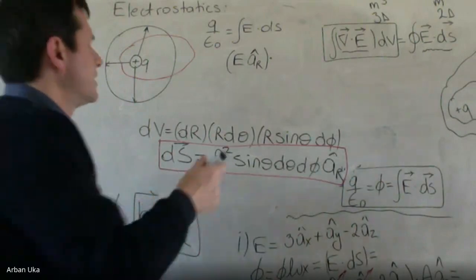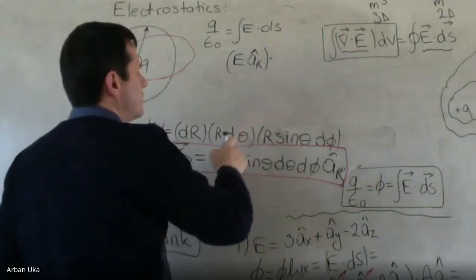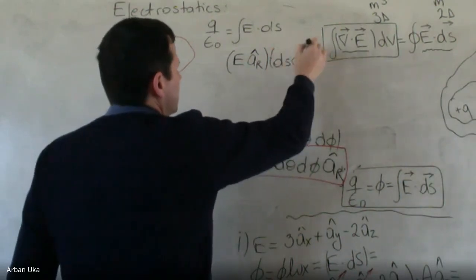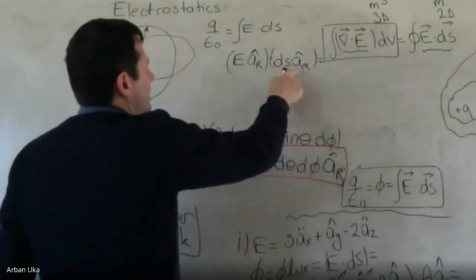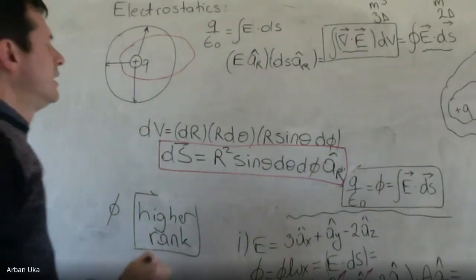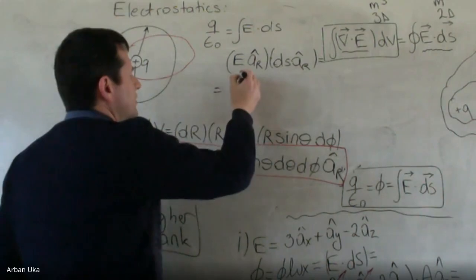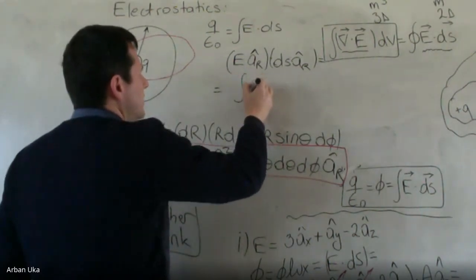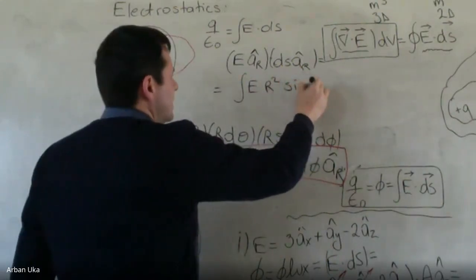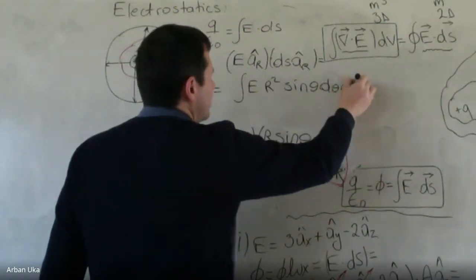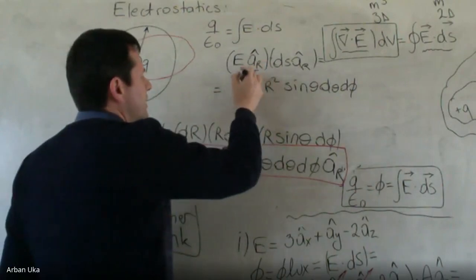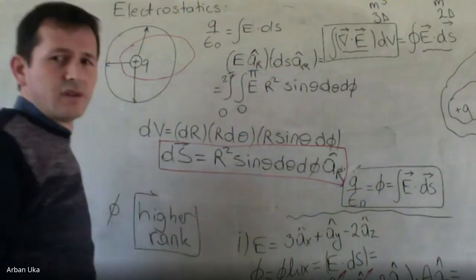So if we multiply this with this term, AR with AR, the angle between these two is 0, so we get 1. So then in this integral, we'll simply have the integral of E times R squared sine theta d theta d phi, and the integral has to be from 0 to pi for theta, and from 0 to 2 pi for phi.